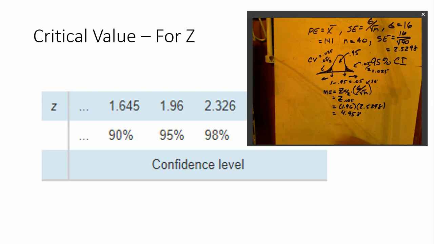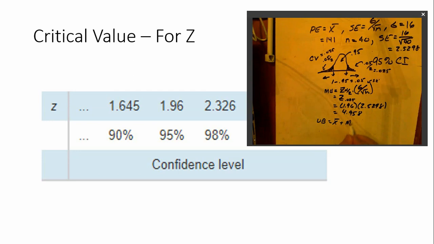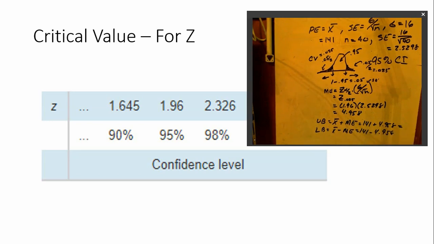And now I just need to do for my upper boundary, that's my x bar plus my ME, 141 plus 4.958. And then my lower boundary is x bar minus ME, 141 minus 4.958.